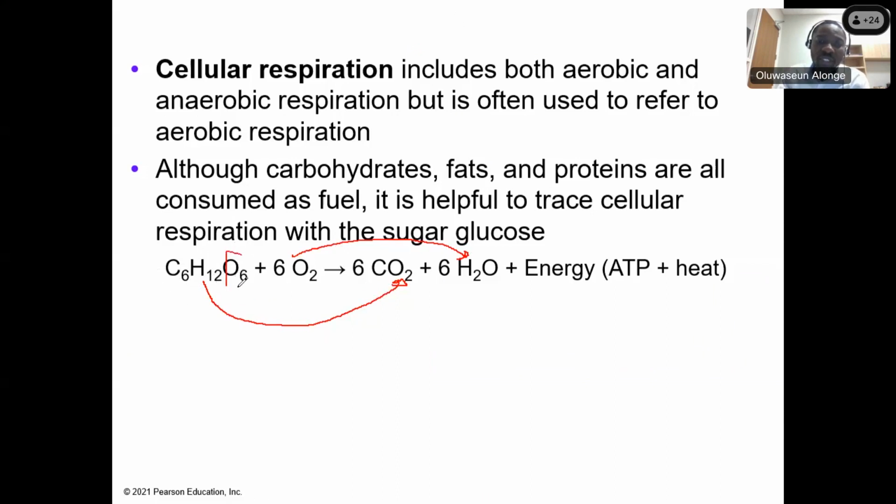Glucose has 6 oxygen here. O6 means 6 oxygen. Whereas here, this is 2 times oxygen, then times 6, so there are 12 oxygen here. So that means glucose has been oxidized to form carbon dioxide. So this reaction has undergone oxidation. So this is oxidation here.